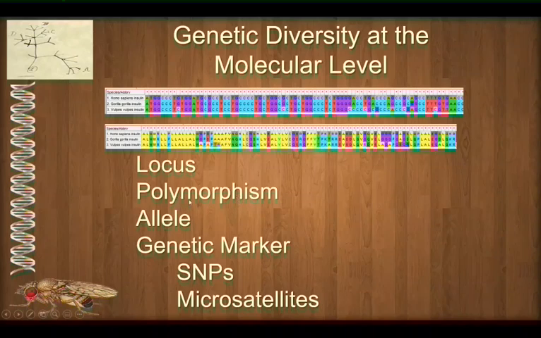A subcategory of polymorphism, a particular type of polymorphism, is called an allele. And oftentimes alleles are made up of many polymorphisms. But an allele is a variant of a gene. Sometimes people use the term gene when what they really mean is allele. So for example, all humans, barring some sort of large mutation, have the same genes.